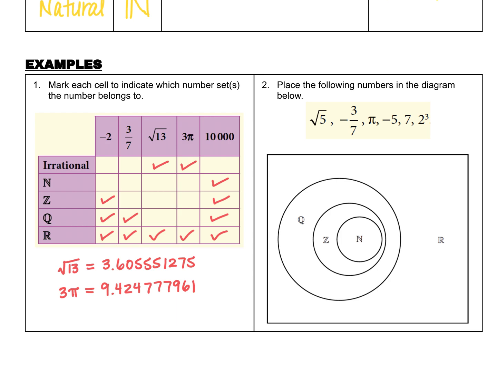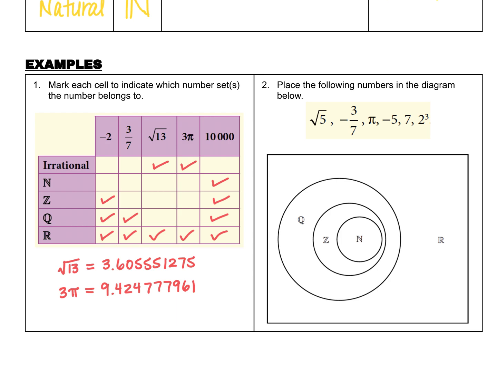I can say the same exact thing about my rational numbers. If any number can be written as a fraction, it will either be here, here, or here. Okay? And it goes inward as we go further into all the way to the natural numbers. You only want to put a number once. Okay? If it is in this box, it is a real number.